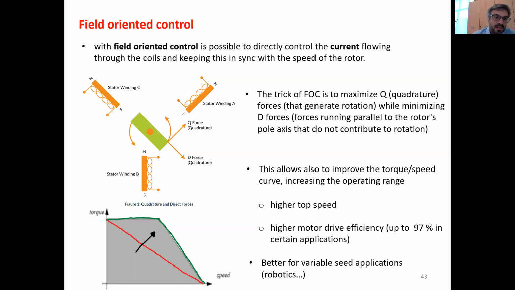And with this trick, our BLDC motor becomes much better for variable speed applications, which are the ones we use in robotics. So be aware that inside your robot, most likely, you have a field-oriented control strategy implemented inside the motor board.